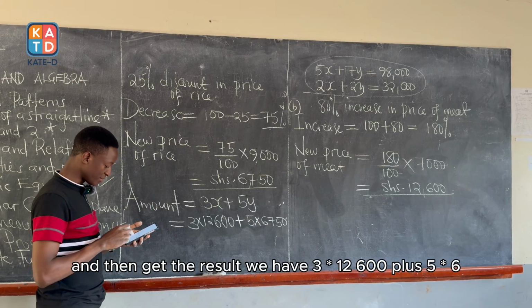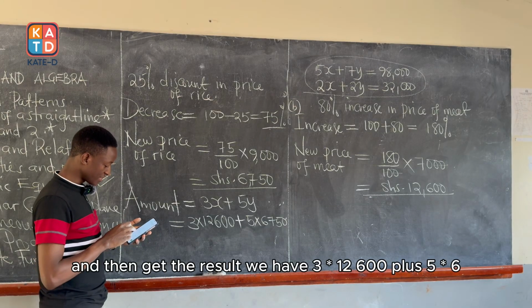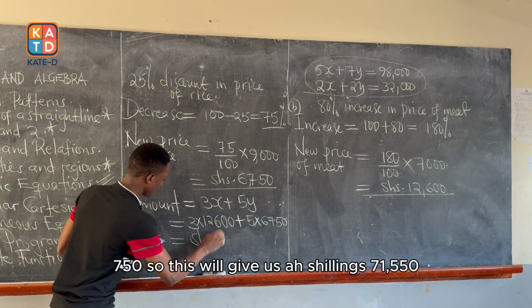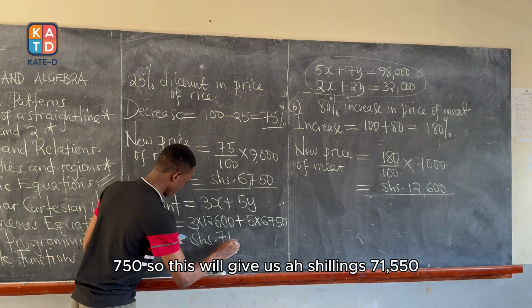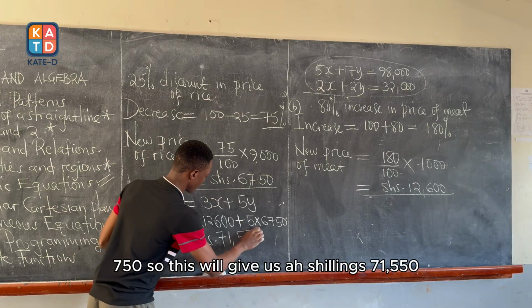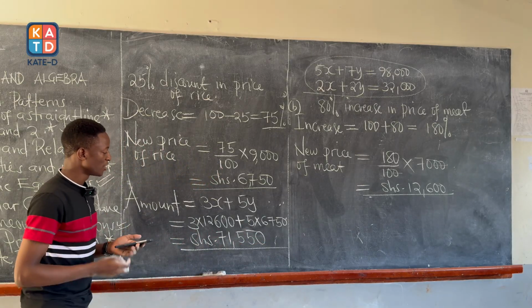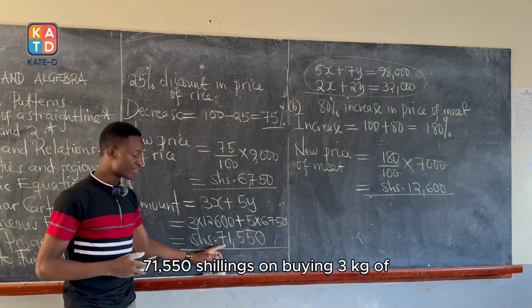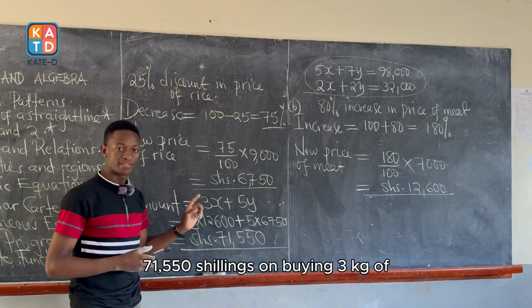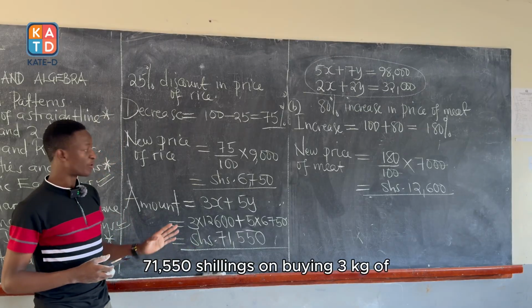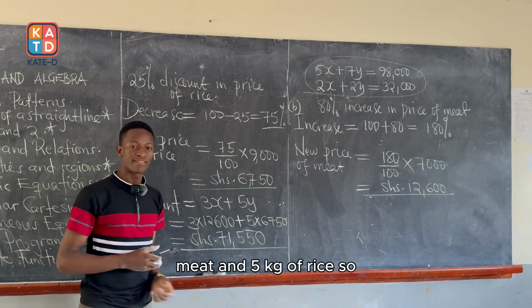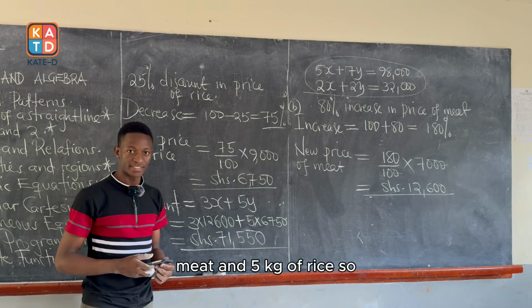This will give us shillings 71,550. So Kakembo will spend 71,550 shillings on buying 3 kilograms of meat and 5 kilograms of rice.